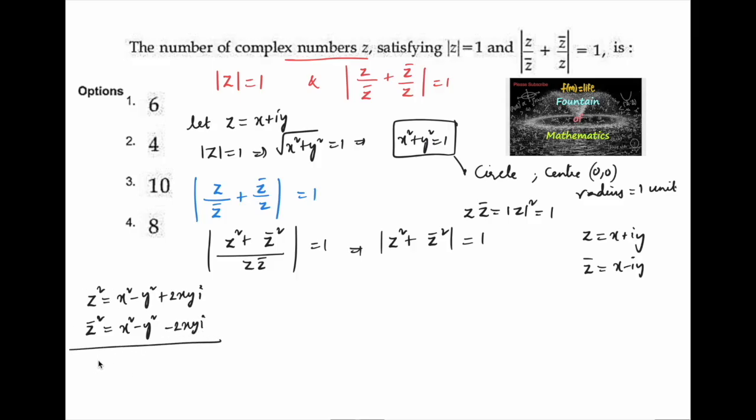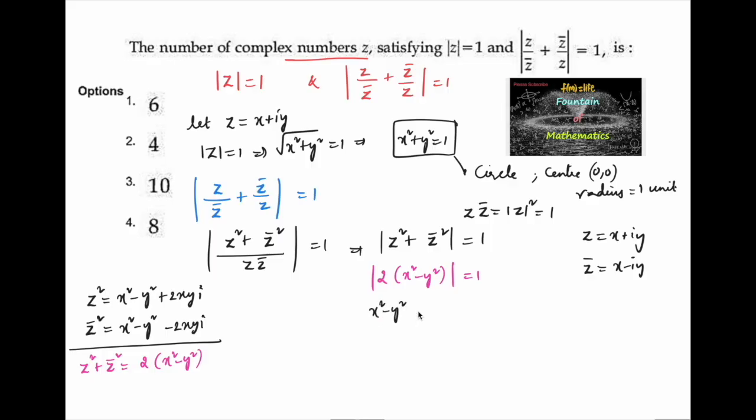If we add both, z square plus z bar square, which is equal to 2 times of x square minus y square. So here we can add 2 times x square minus y square mod is equal to 1.